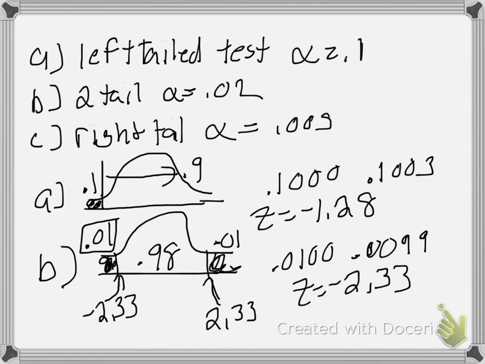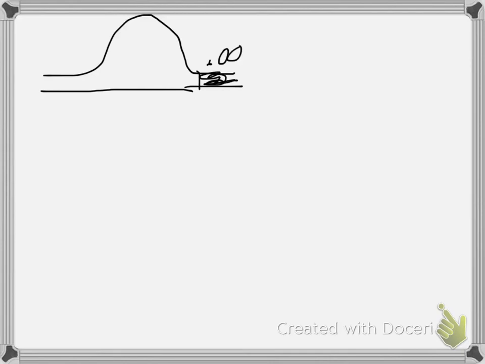Right, now, one more. We have a right tail of 0.005. So let's draw our picture. If this is 0.005, what do I have this way? Well, it's 1 minus 0.005, right?